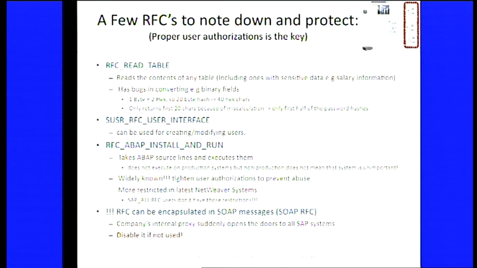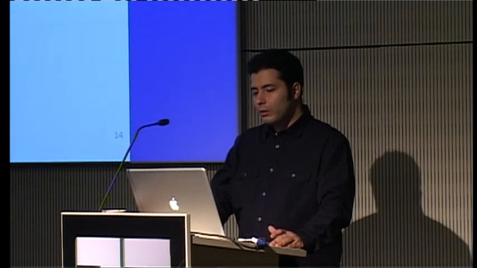SAP systems don't normally let you read data from the database directly. But there is an RFC called RFC_READ_TABLE which does it. Of course, the users and the hashes are stored in a table, right? So it is possible to use RFC_READ_TABLE for obtaining the users and their hashes. But there is a bug in RFC_READ_TABLE.